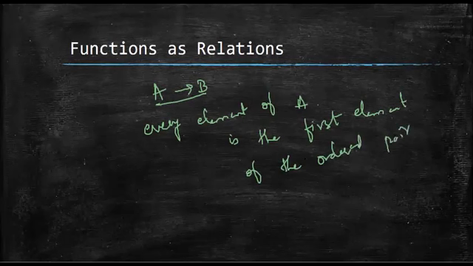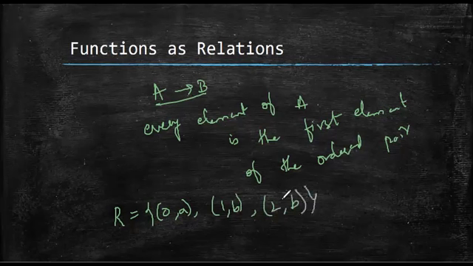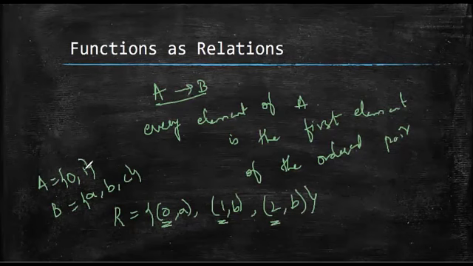Suppose we consider the relation R = {(0,a), (1,b), (2,b)} from the sets A = {0, 1} and B = {a, b, c}. Now you can notice that every element of A is the first element of an ordered pair, and this can also be represented by using a graph.